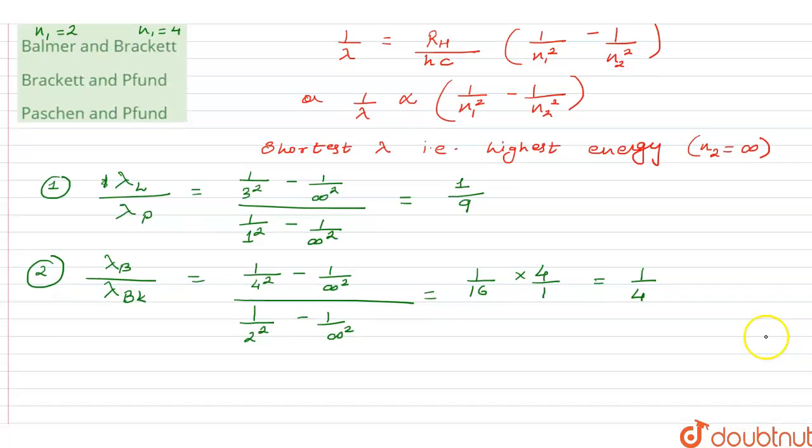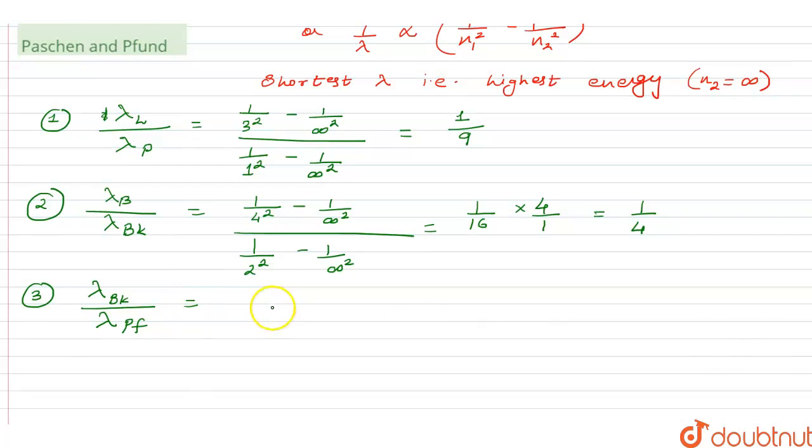Advancing forwards, Brackett again comes up here wherein n1 will be equal to 4 and for Pfund n1 will be equal to 5. So accordingly, let us proceed. So lambda of Brackett upon lambda of Pfund. For Pfund, I would be using PF. Now, P has already been used for Paschen and that is the reason we are using it this way.